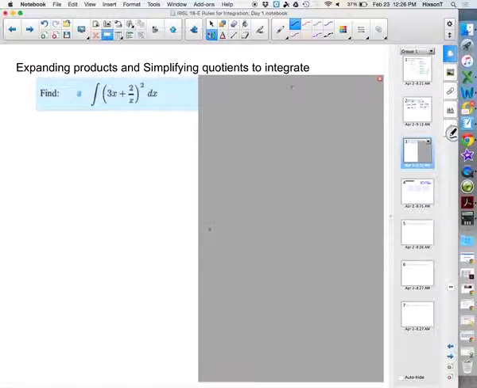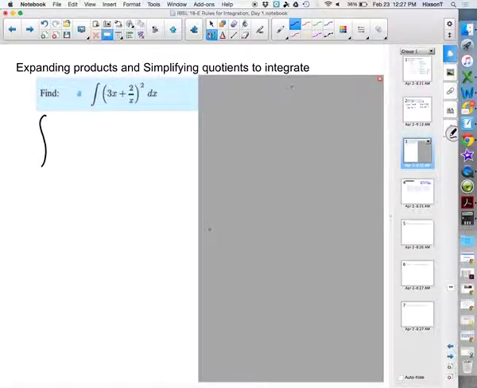We're taking the integral of 3x plus 2 over x, quantity squared, dx. The only way we can find this integral is to expand this.